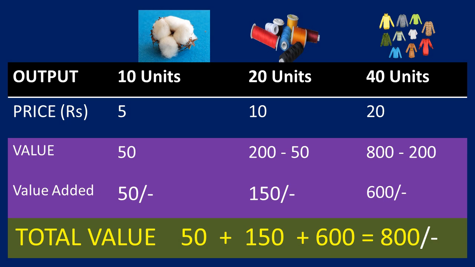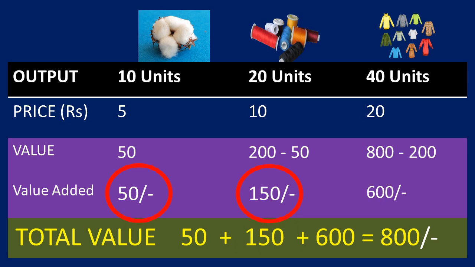Now in the value added method, we take the cotton value as rupees 50 as it does not use any input. Value of thread is 150 as it used cotton as input. So 200 minus 50 is equal to 150.